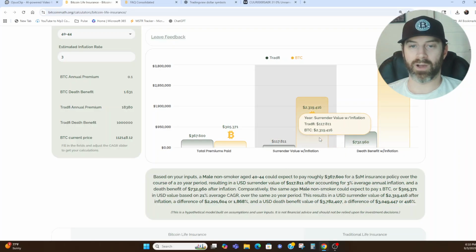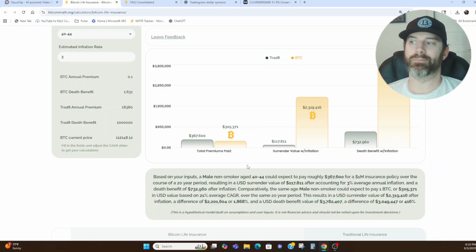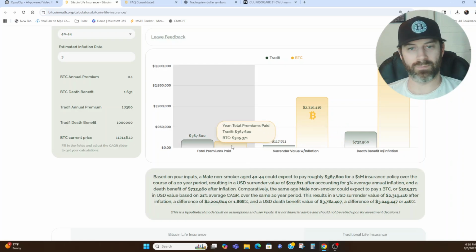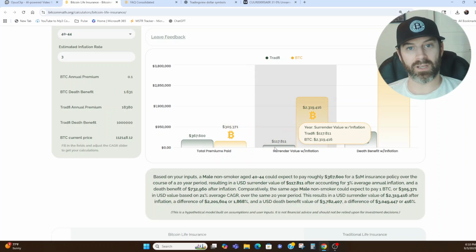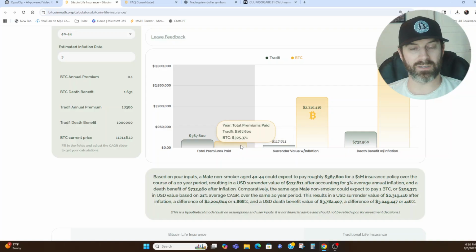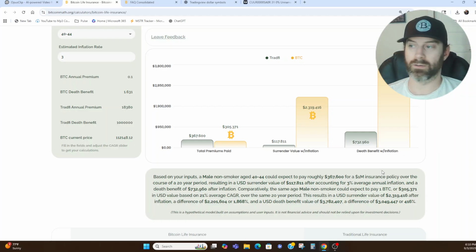Comparatively, the surrender value of my Bitcoin policy measured in dollars after inflation buys me, what is that, between 7 and 8x what I paid in. It's a significant ROI on my investment, right? This is a pretty significant loss on my investment. This is a significant gain on my investment, and it's not even particularly close.